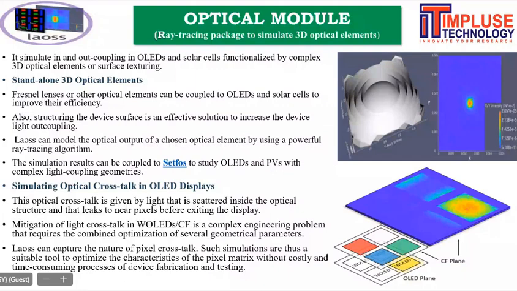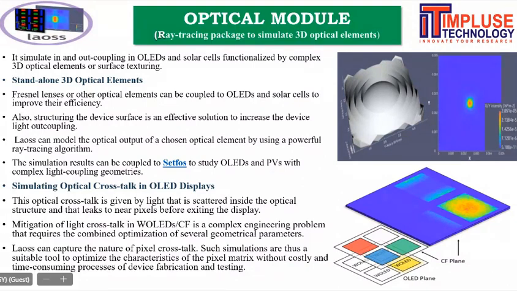Now the third module is called the optical module, that is basically for ray tracing analysis, that will help to simulate the 3D optical element. This module is basically for light incoupling and light outcoupling in solar cell and LED, that can be functionalized by complex 3D optical element or surface texturing.